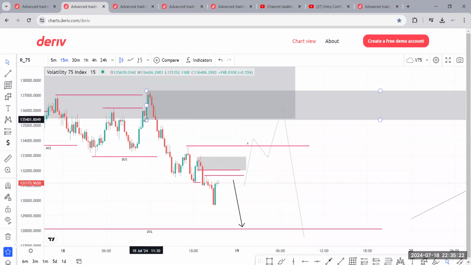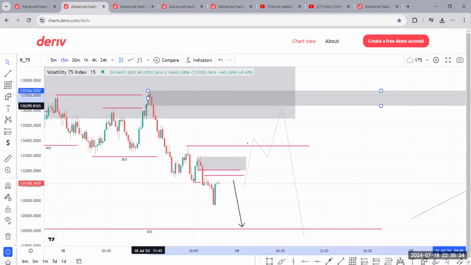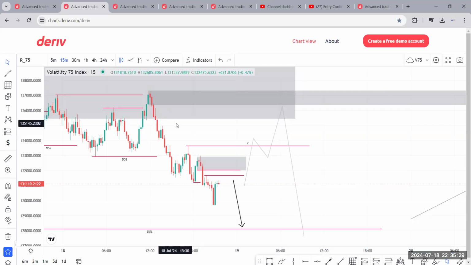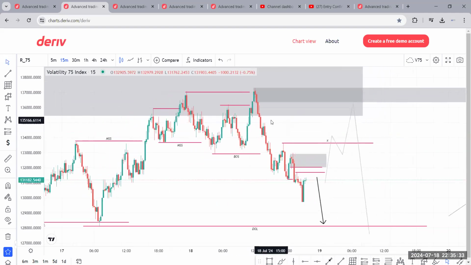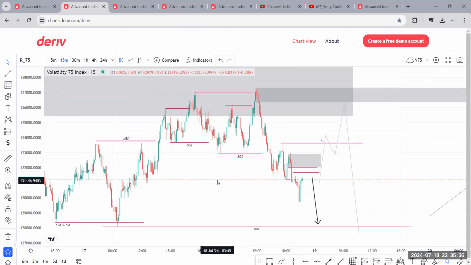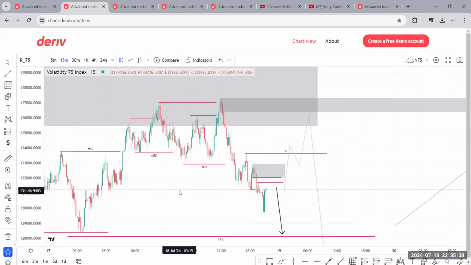And even on my 15 minutes, I may refine to this last up close candle. Sometimes if you refine too much, you're going to miss your entries, but that is fine.